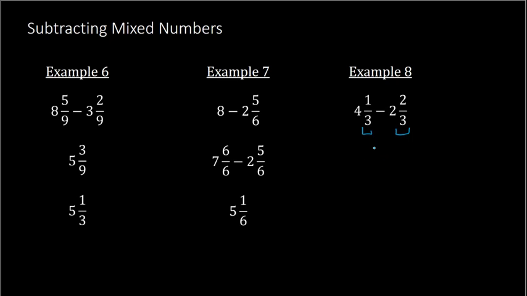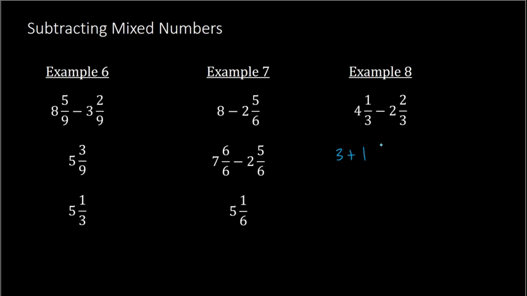So what we want to do is, again, borrow from the 4, just like we did over here with the 8. Borrow from the 4 to make this whole number smaller, and we can make this fraction bigger. All right, so we borrow from the 4. So we can think of that, if you want to write this all out, as 3 plus 1.